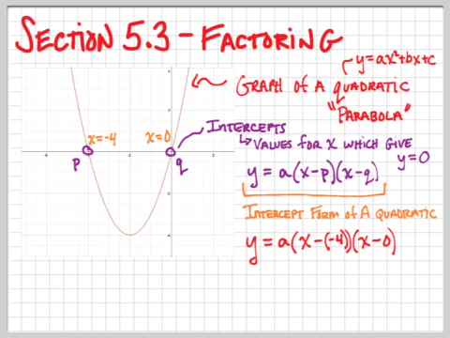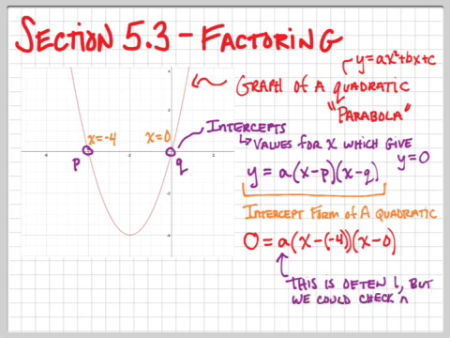I would need to plug in another point to actually solve for a. But just like before, we had a line and we wanted y equals mx plus b, we could solve for b if we had a point. This a could often be 1, but sometimes it will be different. We could find it and check it.